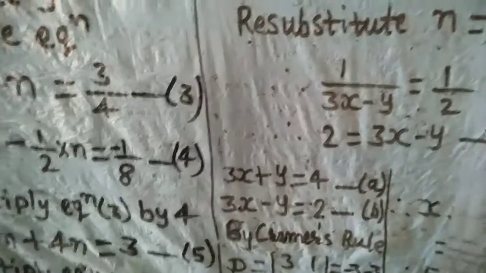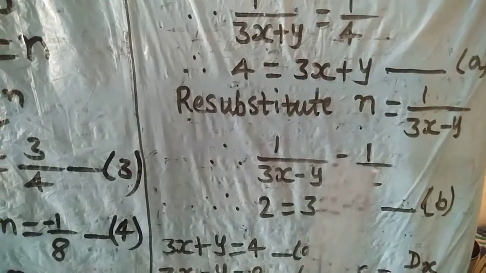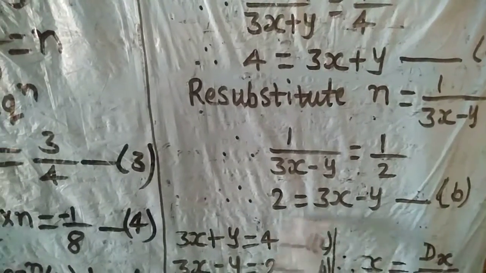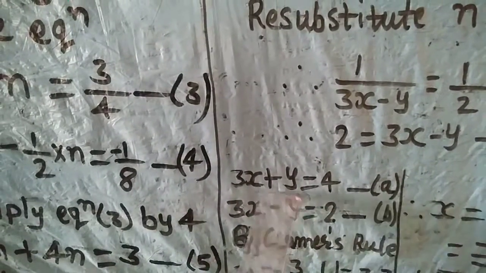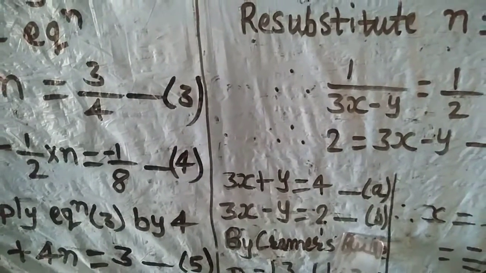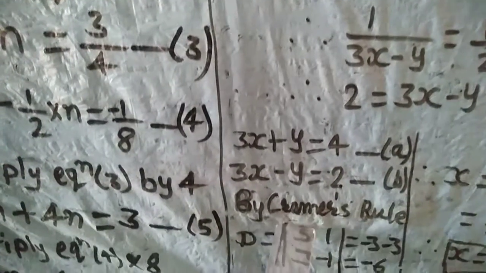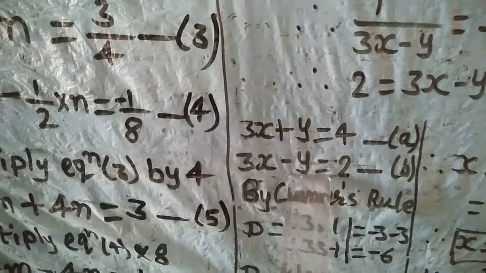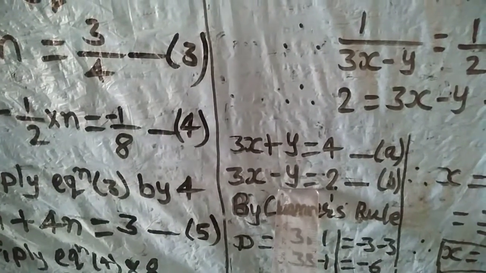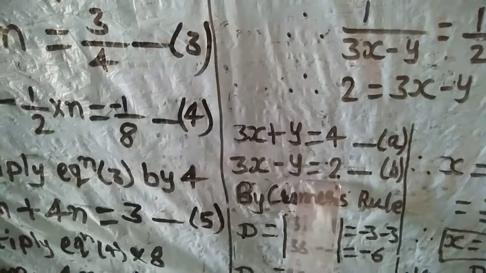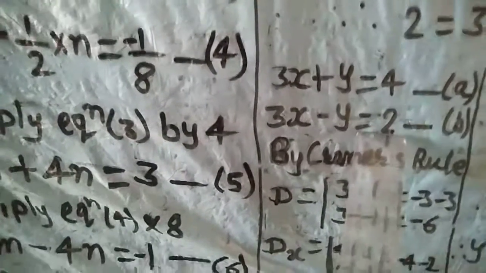Now think about these two equations. 3x plus y is equal to 4 and 3x minus y is equal to 2. Again we can solve this by using Cramer's rule, and you can also use the elimination method. Whatever you want you can do.